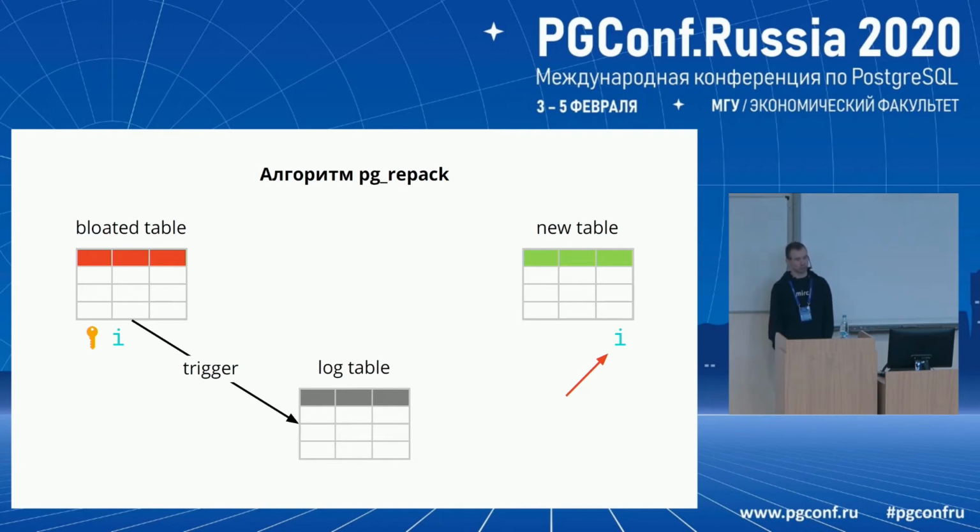If there were constraints, the new bloat will be created for indexes. If it was a unique constraint, we have to have a unique index. So we have to do something to do all the checks at one moment.